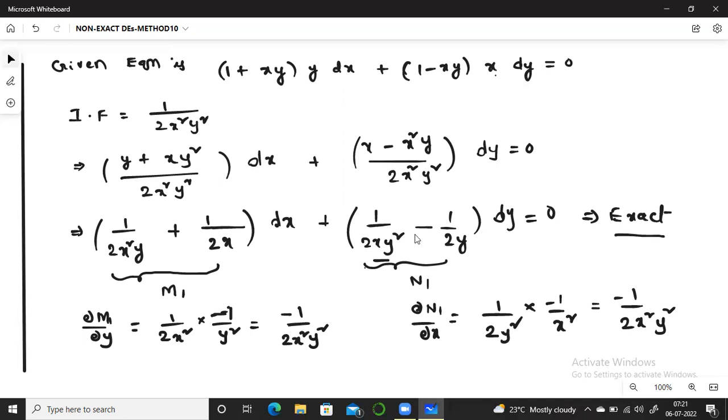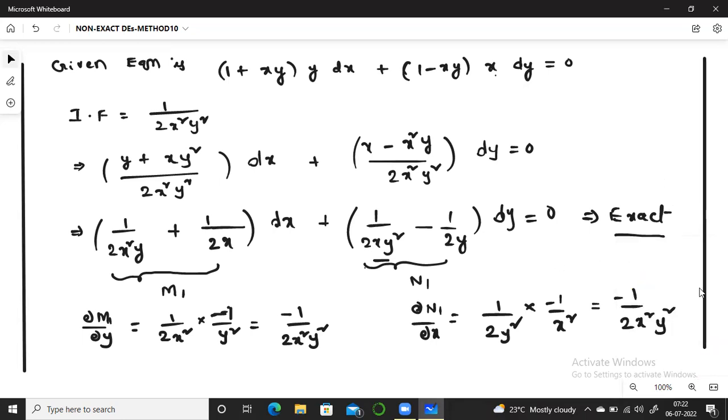So now if the equation is exact, what do we have to do? We have to apply the direct method. What is the direct method?